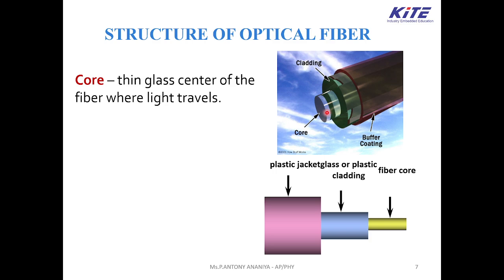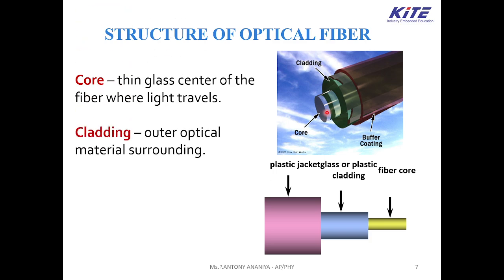The cladding is the outer optical material surrounding the core. The third is the plastic coating, a layer made of plastic. The core and the lower refractive index cladding are typically made of high quality silica glass, though both can also be made of plastic. These are the structures of optical fiber.